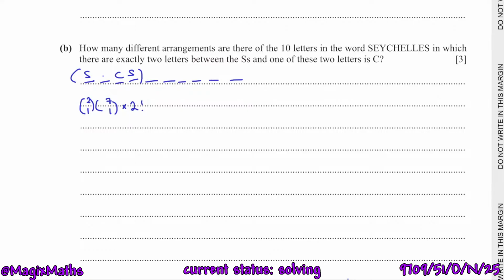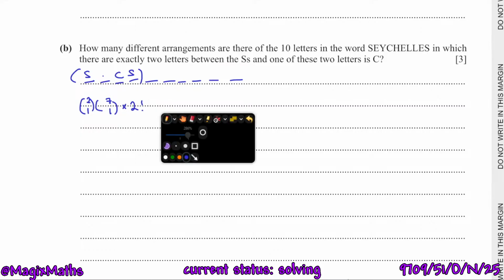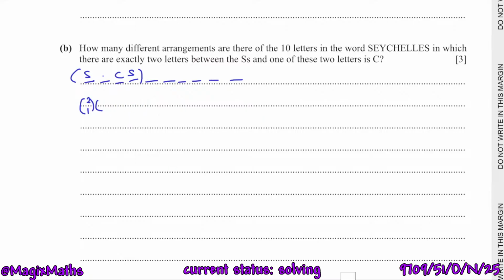Wait, I might be making a mistake here. Okay, so there should be 2 cases, right? The first case is one of these 2 letters, there's only 1 C, then it's 6, 1, and then you can times 2.